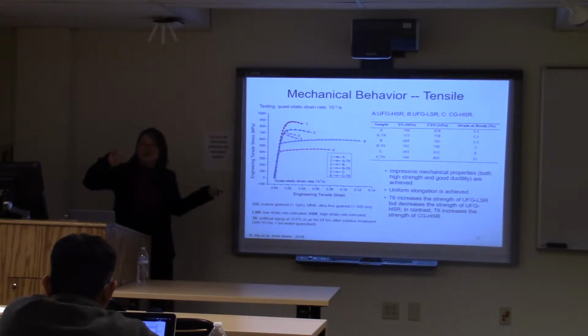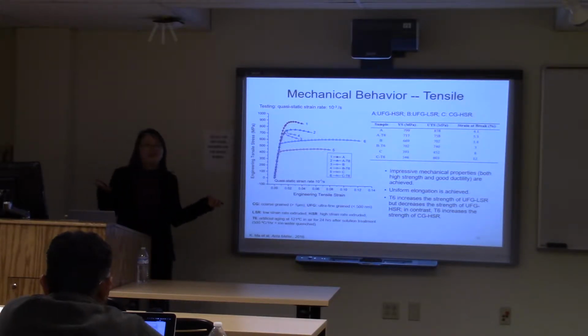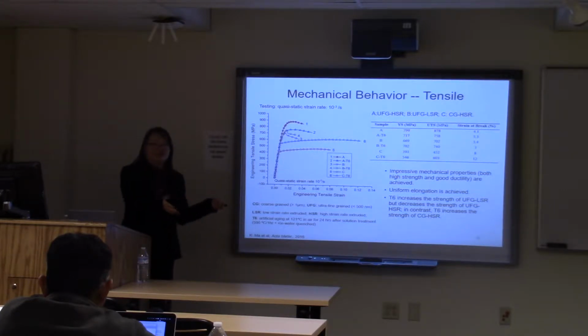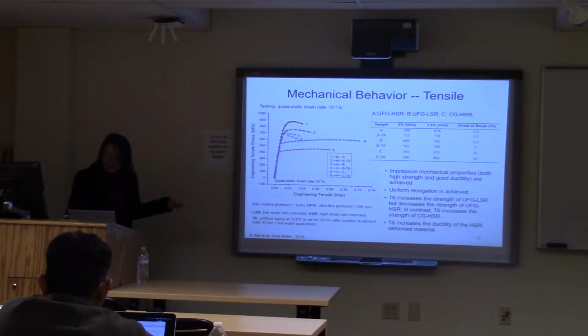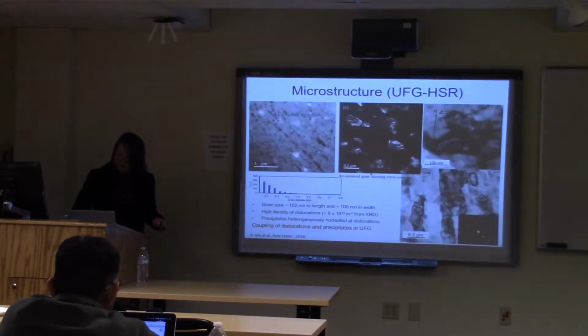So it's showing you the reverse of what we learned from the previous, which is not what I expected, but which actually gives you room, if you now care more about ductility than strength. You still have a method to achieve that. So that's why I would like to also highlight that T6 increased the ductility of the high strain rate formed material.